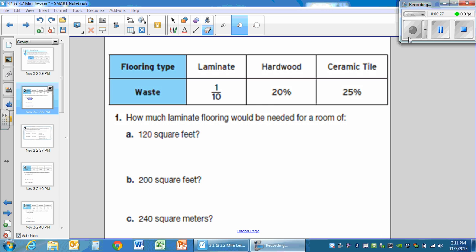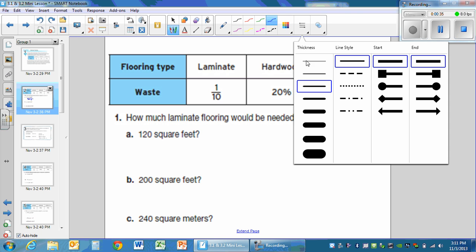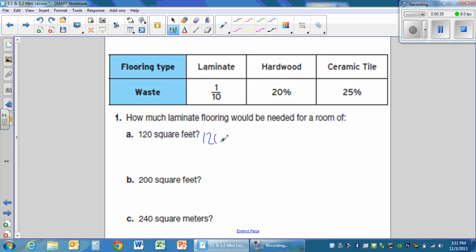Problem 1 says, how much laminate flooring would be needed for a room with 120 square feet? Obviously, we're going to need 120 feet for just the room itself, but then we also need to account for the waste. In order to find 1/10 of the 120, we need to multiply them together.